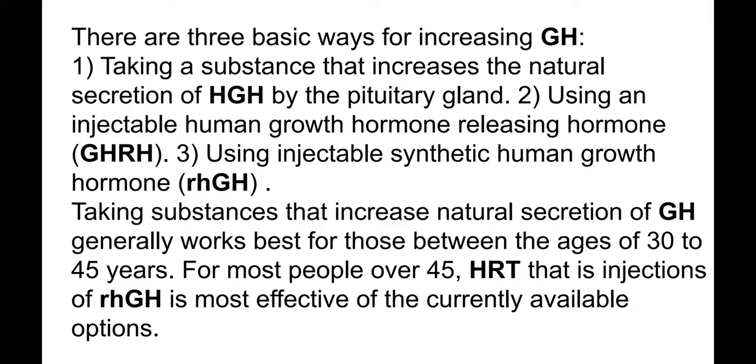For most people above 45, they have to use so-called hormone replacement therapy, that is injections of this synthetic hormone, somatotropin, and this is the most efficient and easiest way, which is available, but it's not cheap, of course.